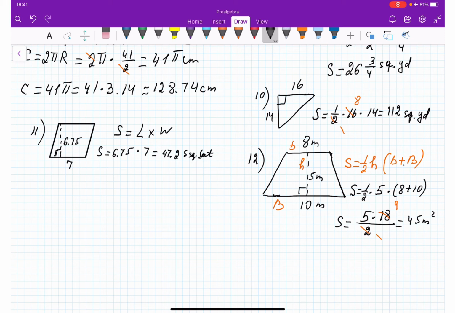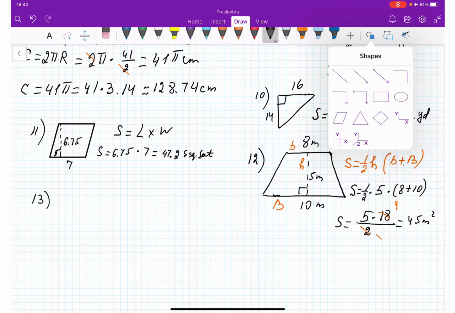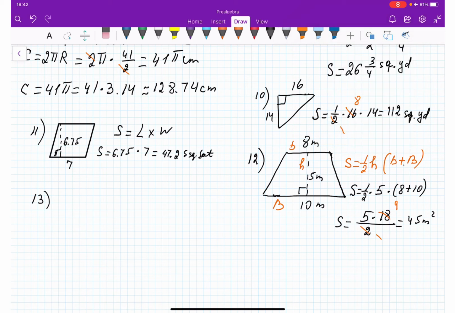Parallelogram, number 13. Parallelogram. Okay, so we have, this is 7 feet. We have height.